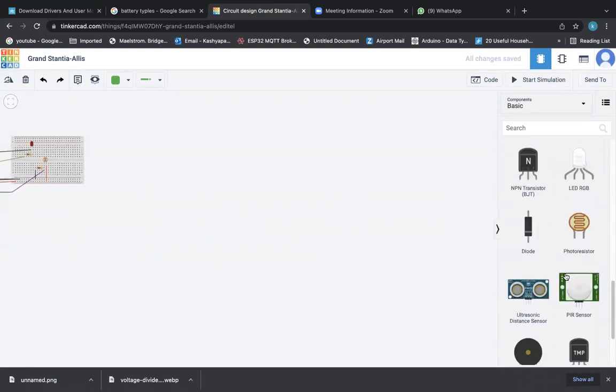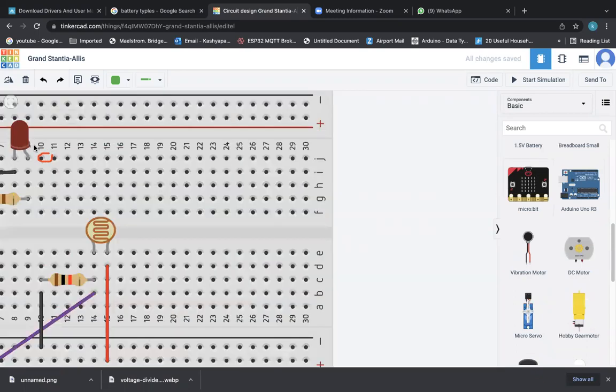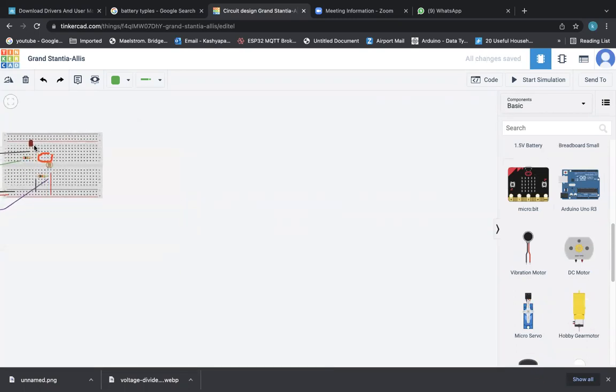Let me take an Arduino. That is an LDR, Himal. I will draw this circuit when everyone else is also there.